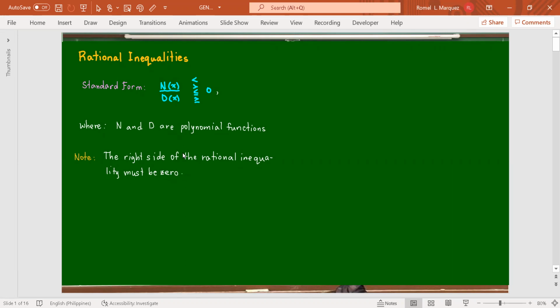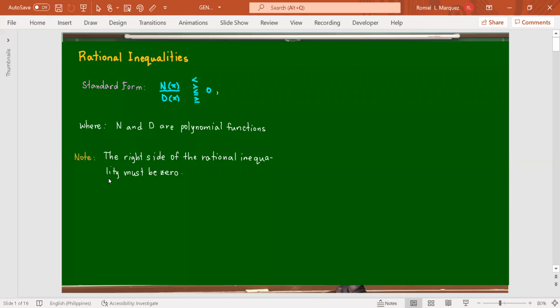If the right side is not 0, it means it's not yet in standard form. And be sure you are able to express the left side in terms of a single fraction, where the numerator is a polynomial and the denominator is also a polynomial.